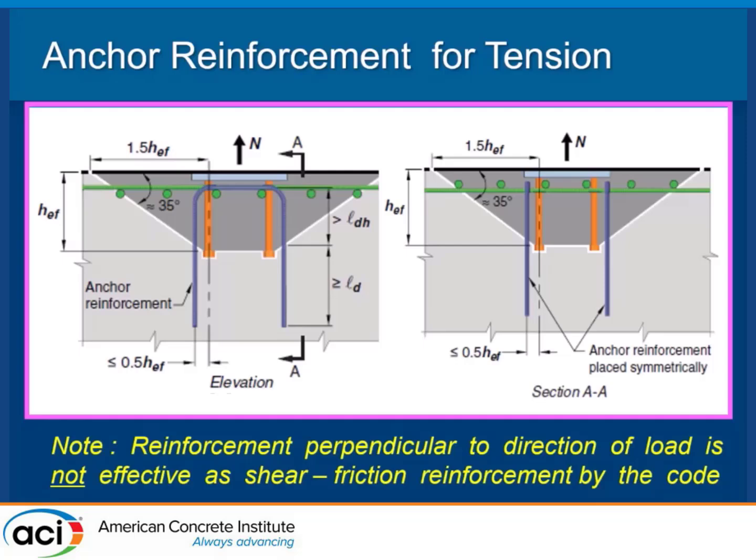We have a tension load that's going up, and if I want reinforcement to help me out, I need reinforcement going in the opposite direction of the applied load that brings that load back into the structure. If I just provide general reinforcement that goes in the general direction opposite to this, I can call it supplementary reinforcement.